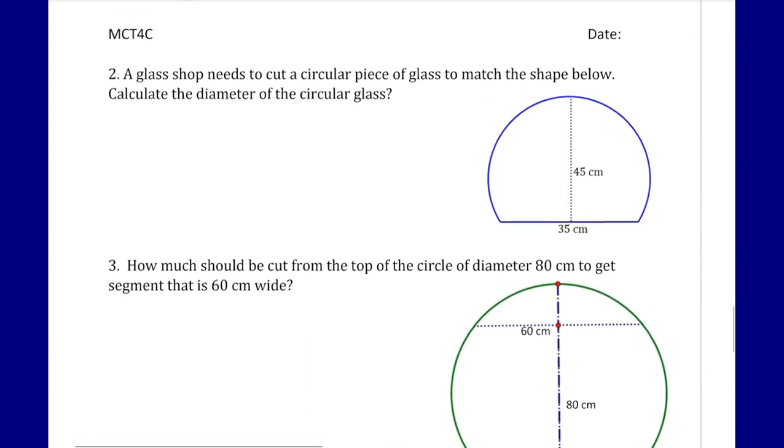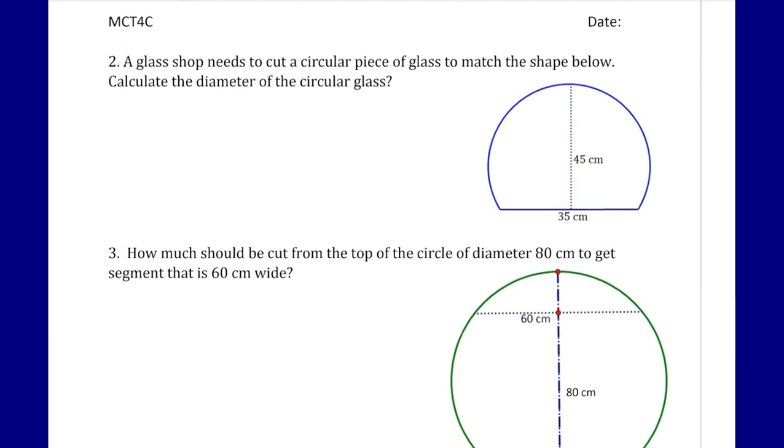The next two. One, a glass shop needs to cut a circular piece of glass to match the shape below, and we want to calculate the diameter. So if we have 45, 45 is the length here.